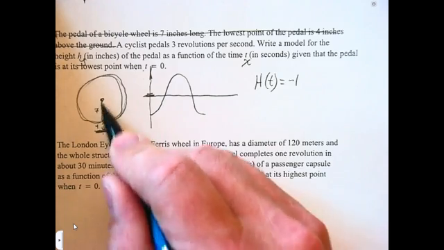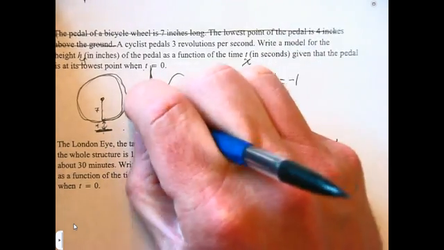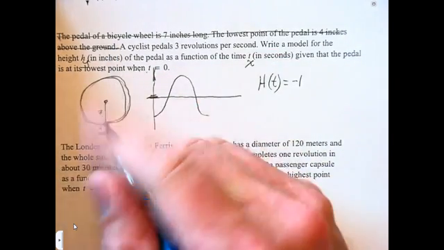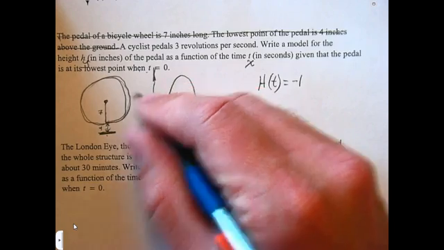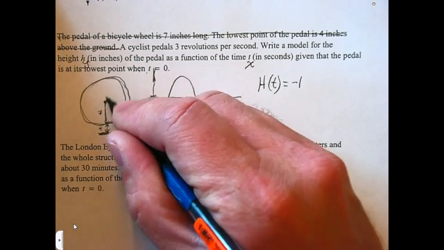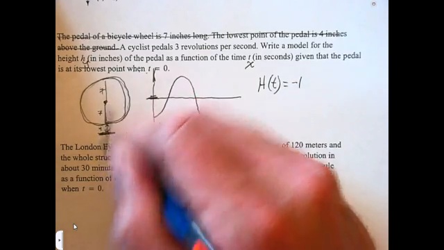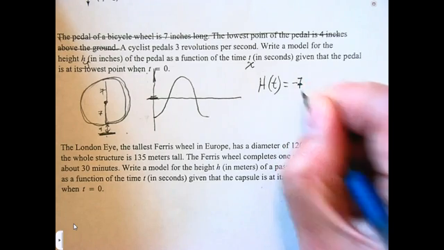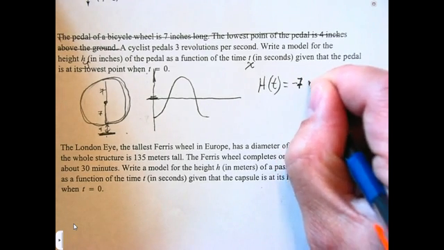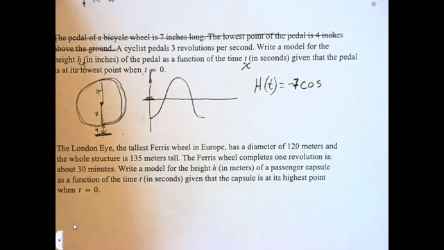It's negative 7, right? That negative 7 is half of our total amplitude, which is 14. The pedal, if we sweep it out, has a diameter of 14. Negative 7 cosine.